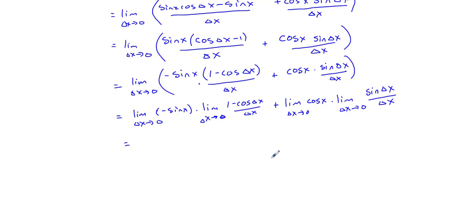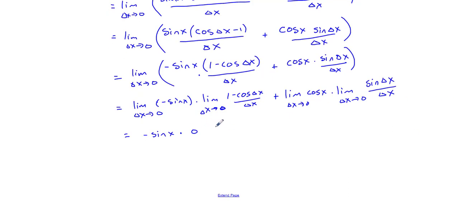All right, let's go through this. What is this? Well, it's delta x going to 0. Do you guys see a delta x anywhere? So that's just negative sine x, times. What is this limit? It does have a delta x in it. Zero. Looks like some of us better make some flashcards.